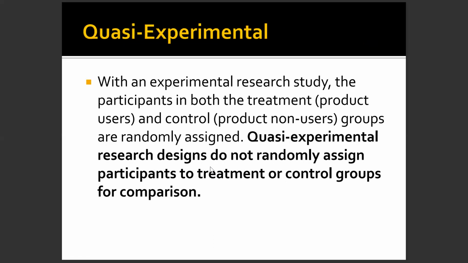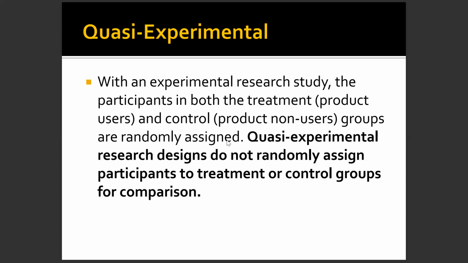Quasi-experimental, on the other hand, talks about the design that does not randomly assign participants to treatment or control groups for comparison. So again, in quasi-experimental, there is no random assignment of participants. While we do the opposite in an experimental research design, wherein participants in both the treatment, the product users, and the control, the product non-users, groups are randomly assigned, and we see whether there is an effect when we manipulate the variable.